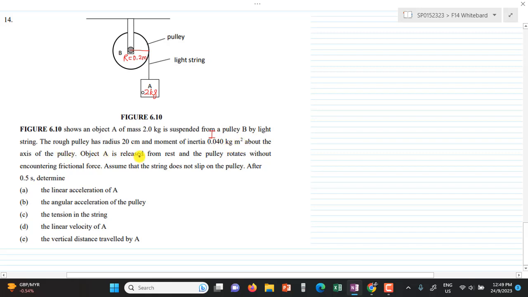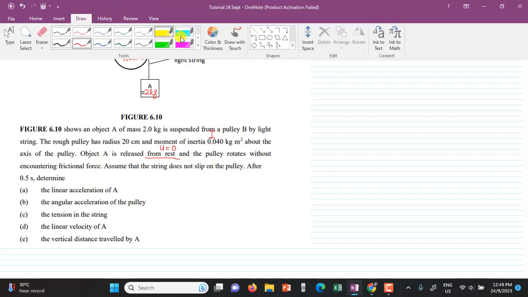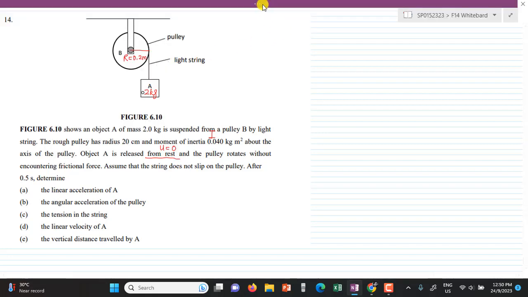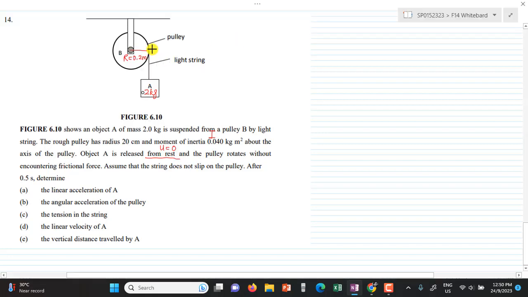So object A is released from rest. So we understood when object A is released from rest, the initial velocity of object A is 0, and the pulley starts to rotate without encountering frictional force. So we don't have any frictional force acting on the pulley.